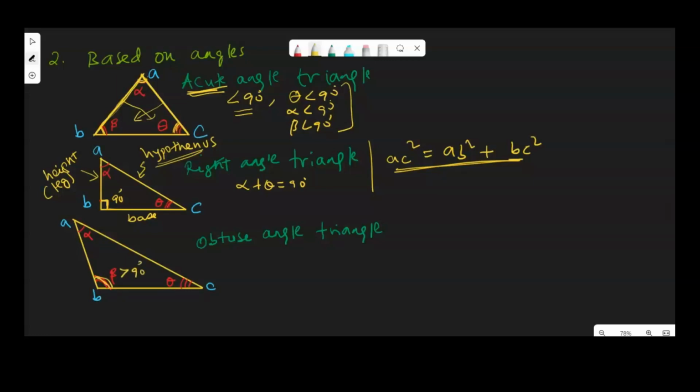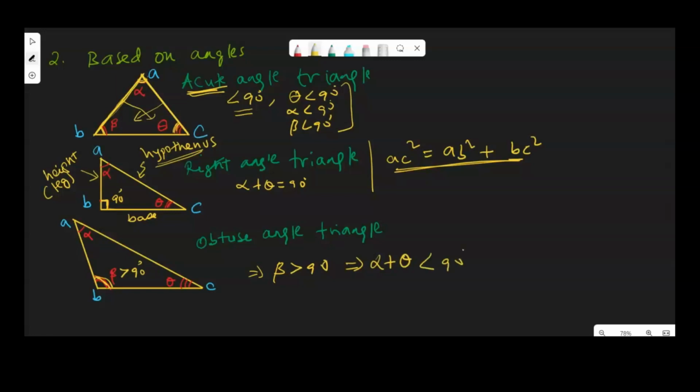Beta is always greater than 90 degrees. So from the rule that all the internal angles must sum up to 180 degrees, what we can obtain is alpha plus theta should be less than 90 degrees.